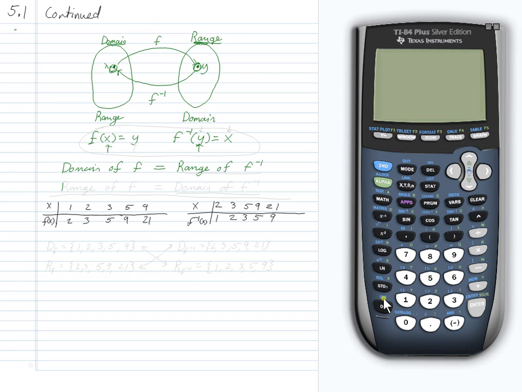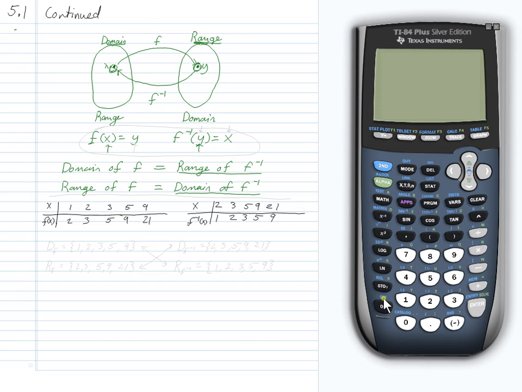And similarly, the range of the function is equal to the domain of the inverse. Right? The domain of f is where we should get back to using our inverse function. That should be the outputs of the inverse function. And similarly, the range of f, the things that f produces, are the things that we're allowed to plug into the inverse. So that's kind of a nice result.